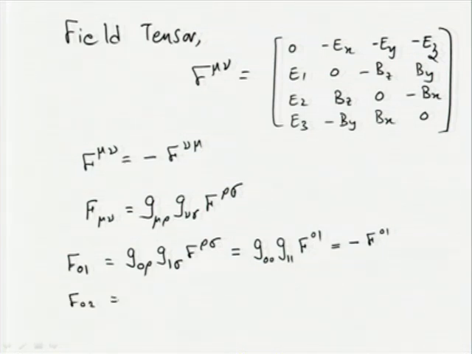F02 is similarly minus F02, and F03 is minus F03. We will now consider mu equal to 1 and nu equal to 0, 1, 2, 3.